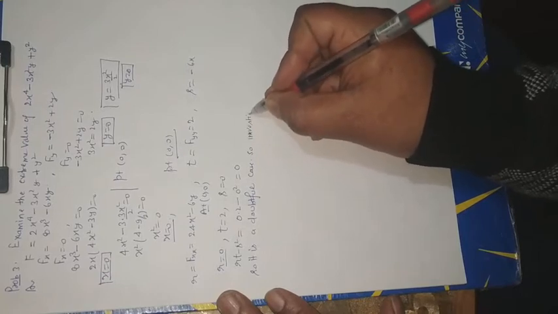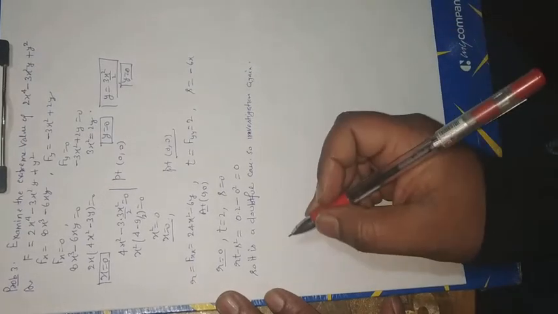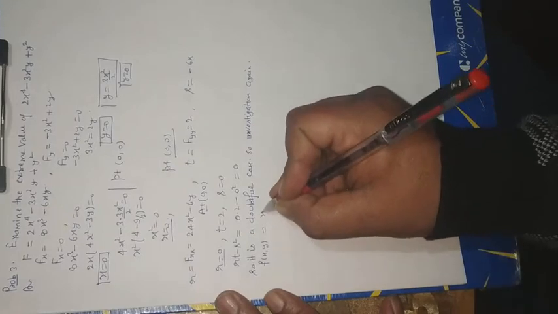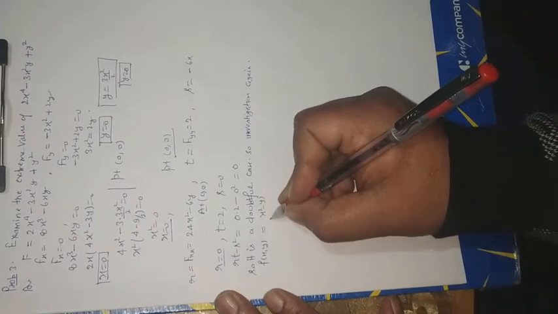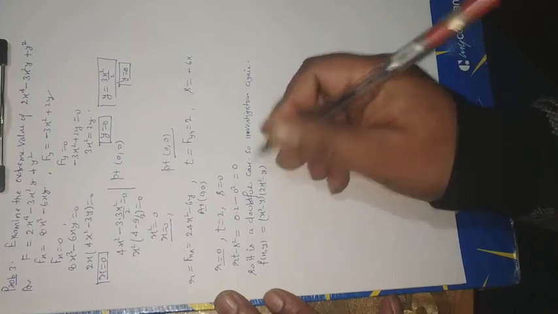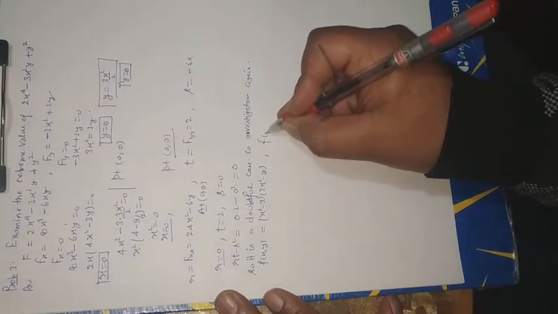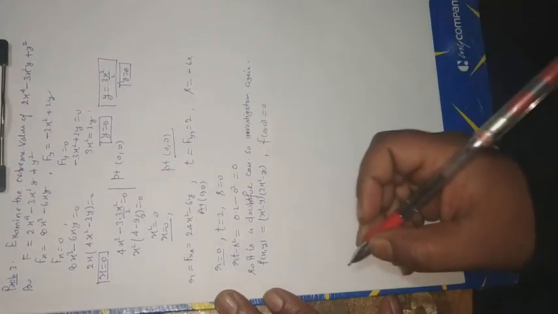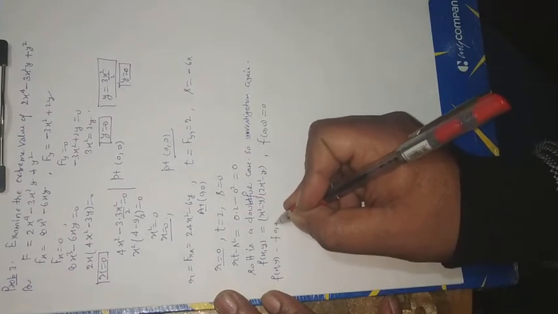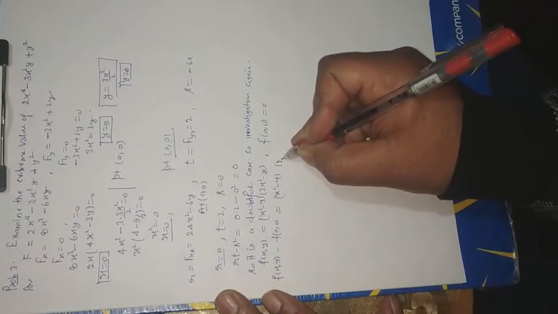Investigate again. That is, f(x, y) is equal to (x square minus y) into (2x square minus y) after factorization, but the value of the function at origin is equal to 0. Now the value of f(x, y) minus f(0, 0) is equal to (x square minus y)(2x square minus y).